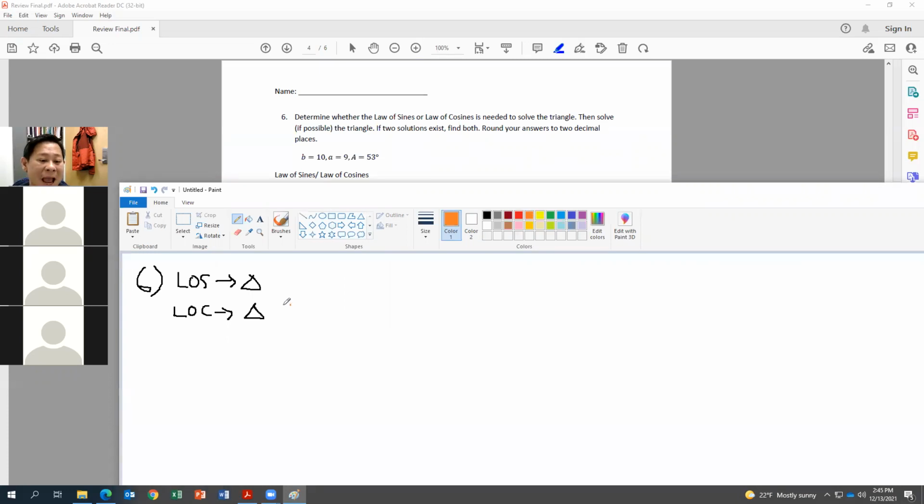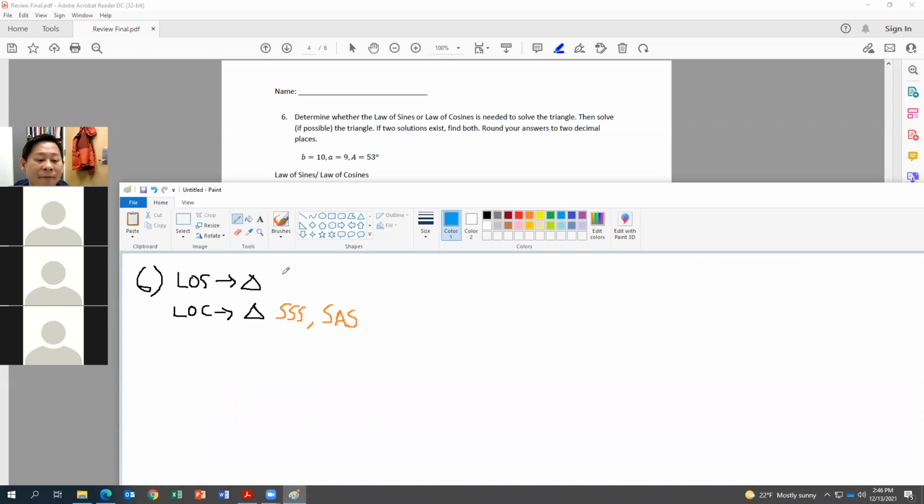So if you have SSS triangles, meaning I give you all 3 sides, or SAS triangles, meaning I give you 2 sides and the angle formed by those 2 sides, then this is law of cosines.